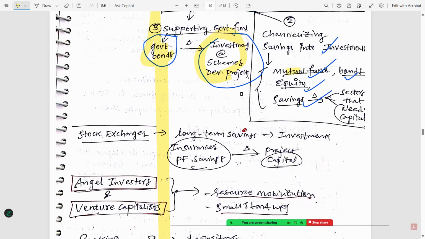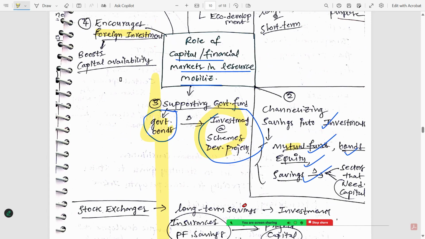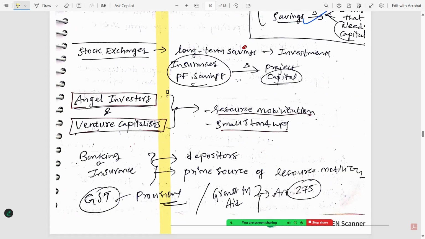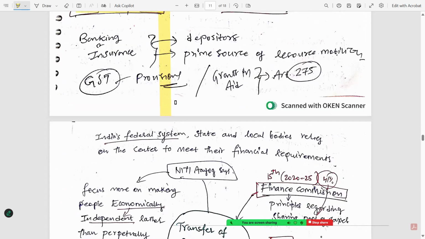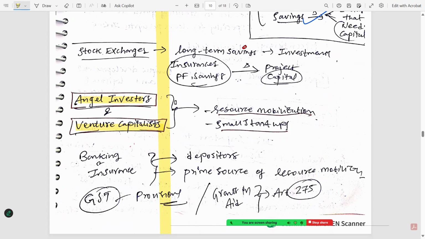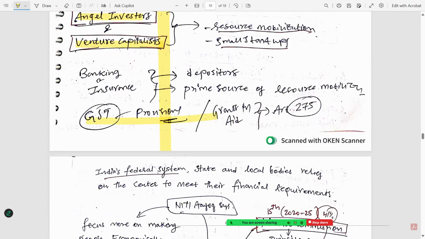Stock exchanges. Because in the investor category there are angel investors and venture capitalists. These angel investors and venture capitalists will be valuable from the perspective of the economy. And also there is GST, banking and insurance.